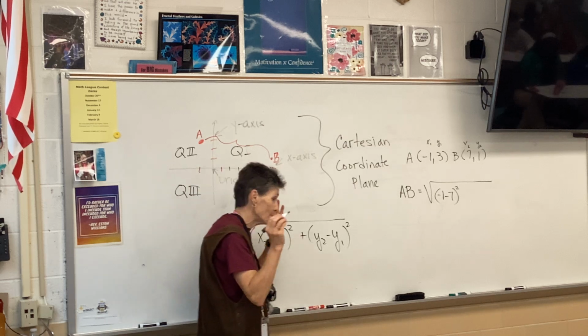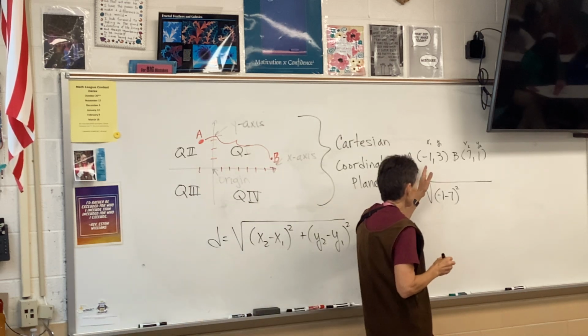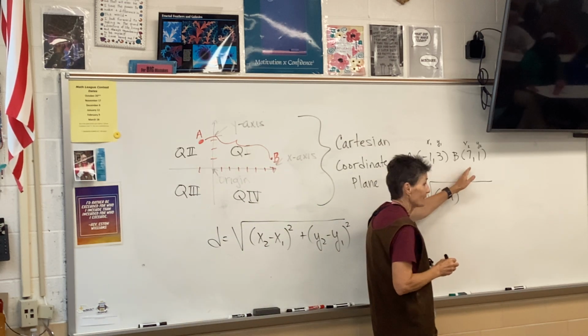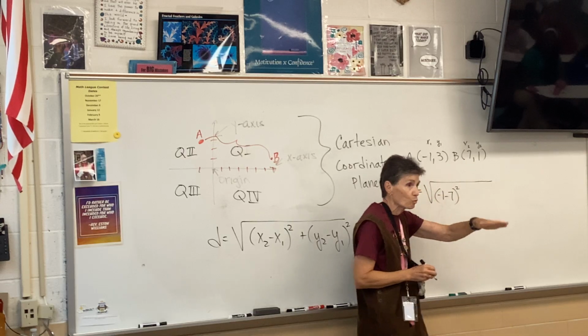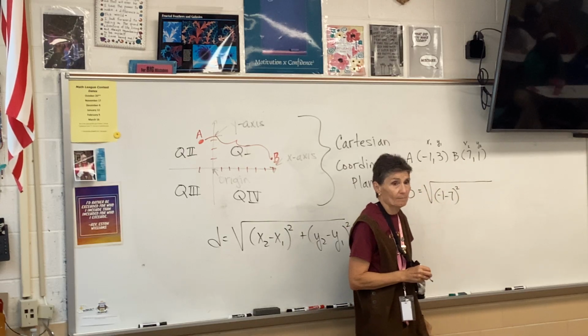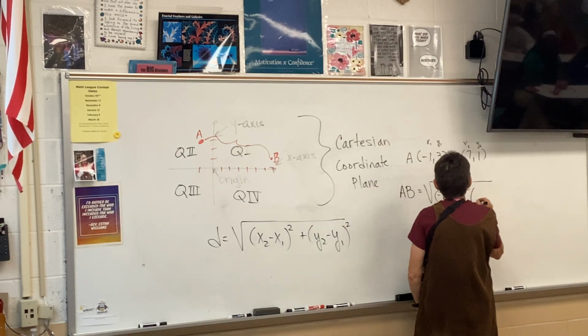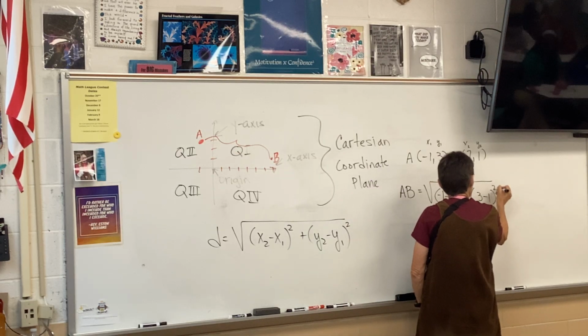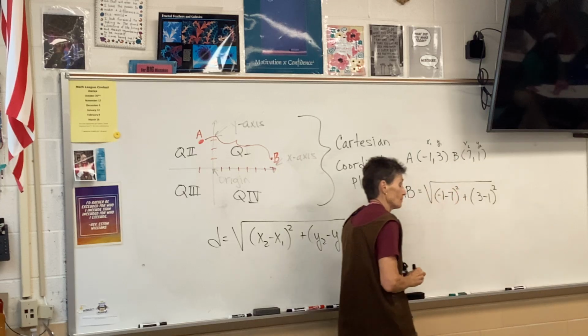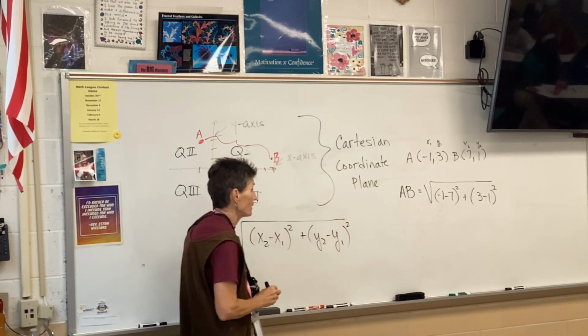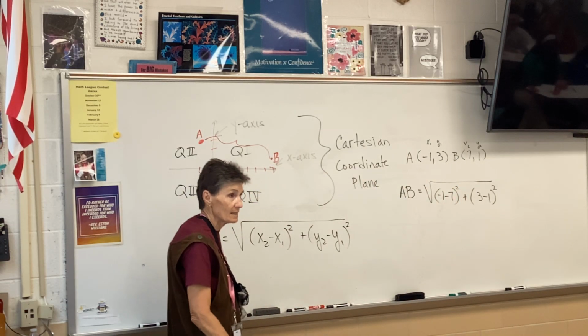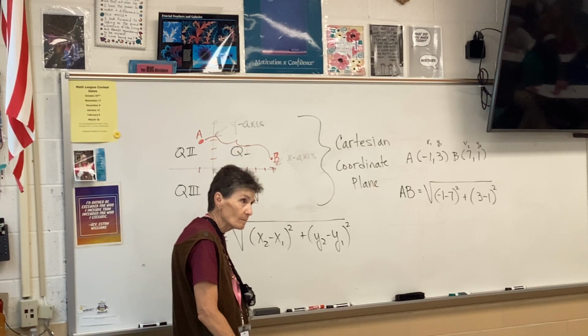You can do 7 minus negative 1, or you can do negative 1 minus 7, it doesn't matter. Subtract your x's. You're going to subtract your y's. You're going to square each one of those, add them up, and take the square root.